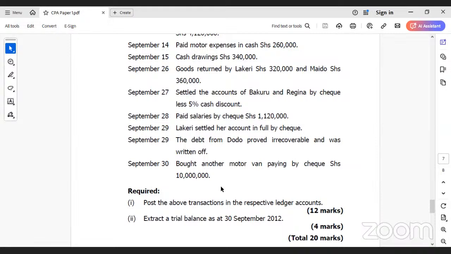Then you list their balances in the trial balance, in the appropriate columns, debit or credit. We sum up the totals, and the totals of the debit column should be the same as the totals of the credit column. So let's do that.